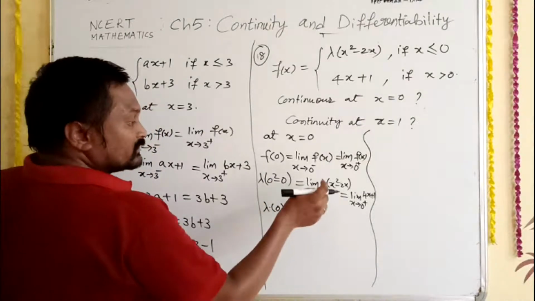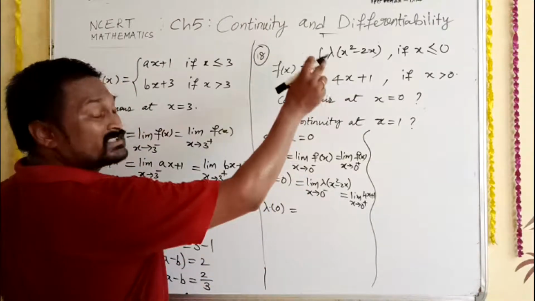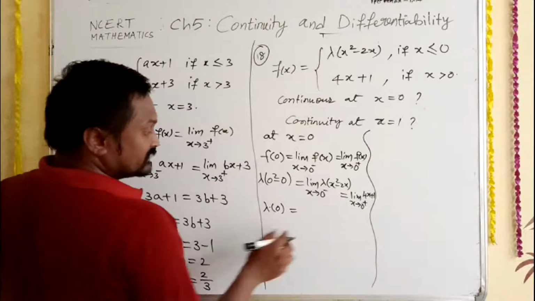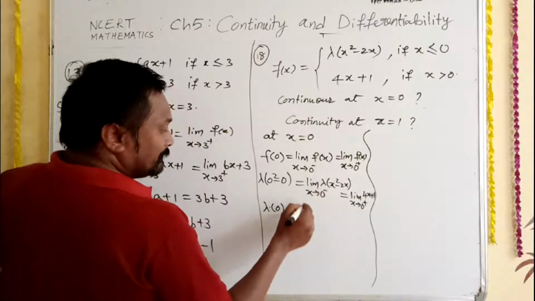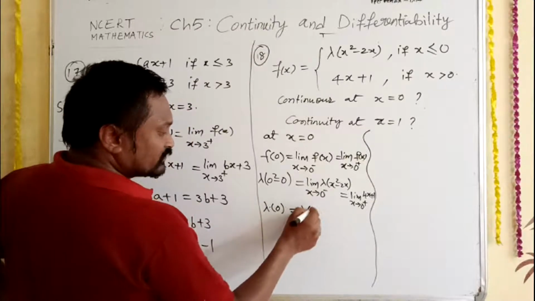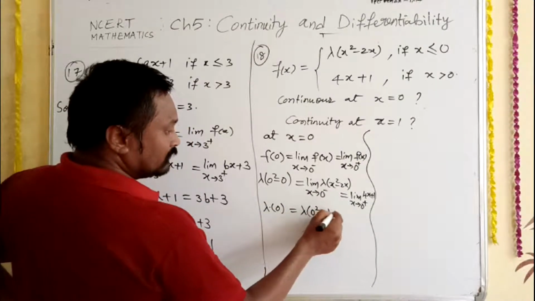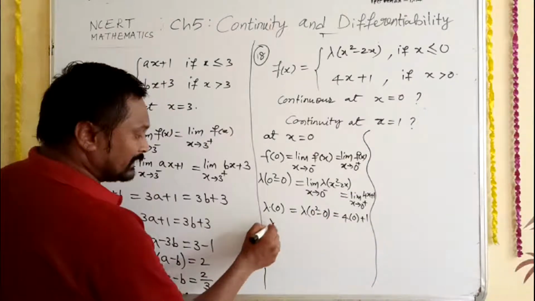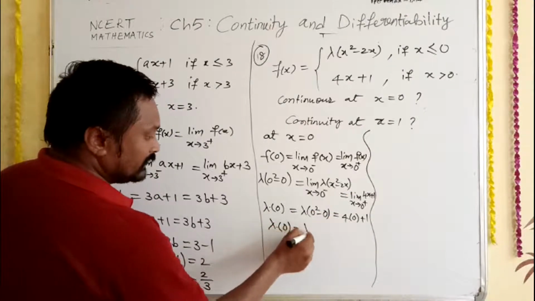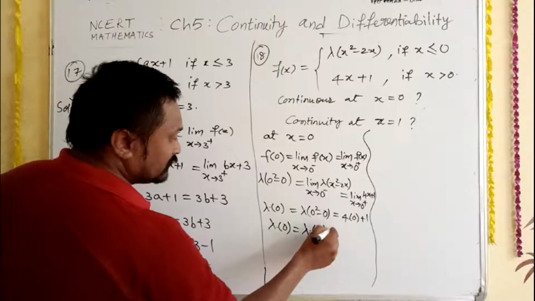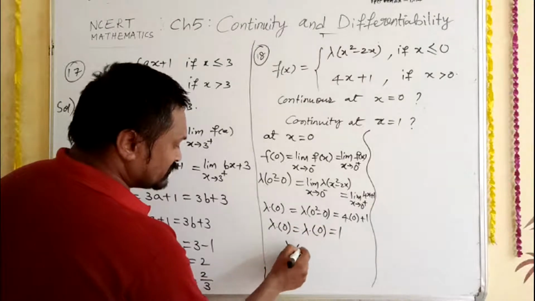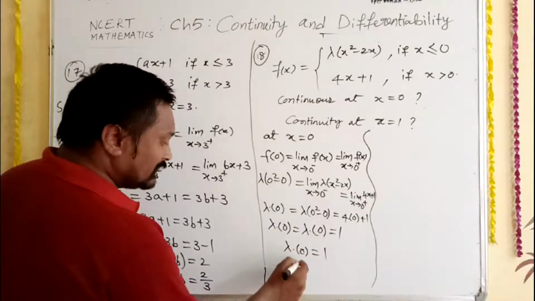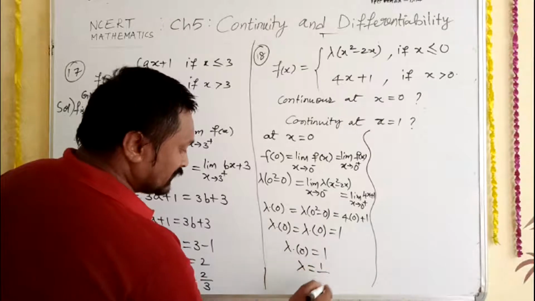Okay. So here we need to find at which lambda values it is continuous. Now here lambda as it is, 0 square minus 0. Here it is lambda into 0. Here also lambda into 0. So right here lambda into 0 is equal to 1, lambda is equal to 1 upon 0.